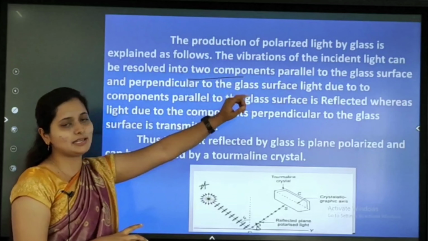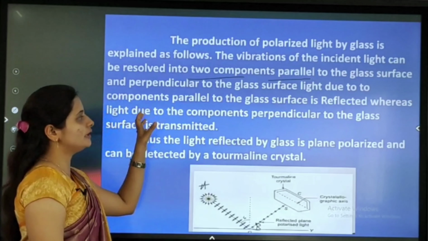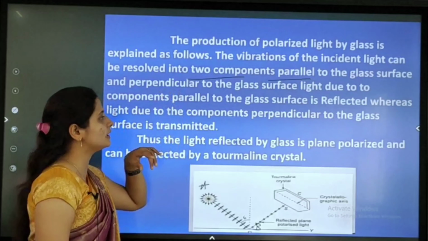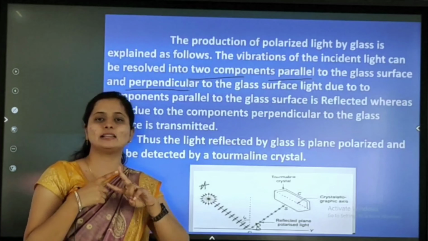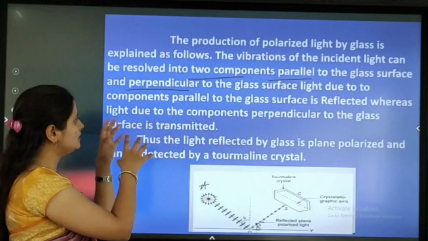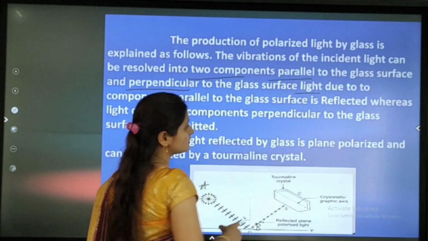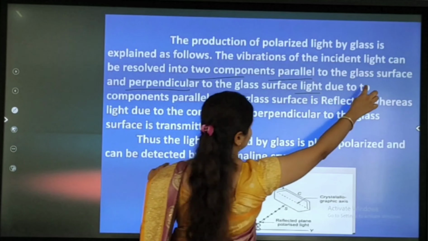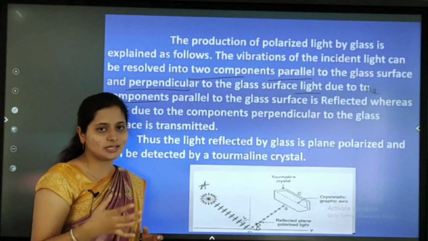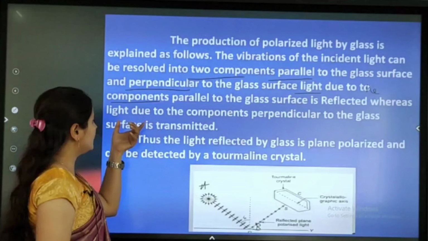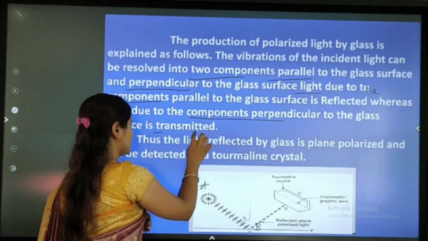The first component is parallel to the glass surface, and another one is perpendicular to the glass surface. The component parallel to the glass surface is reflected, whereas the perpendicular component to the glass surface is transmitted.